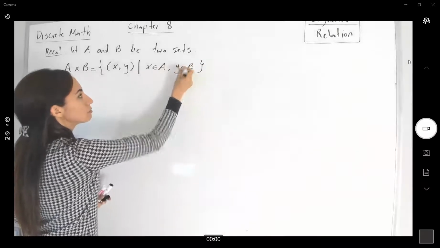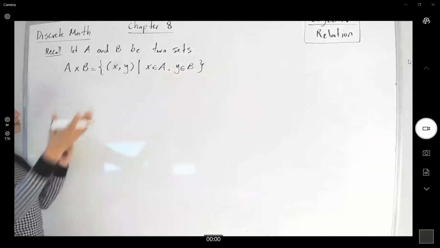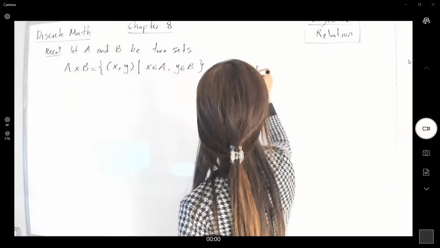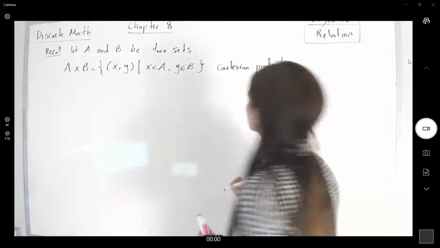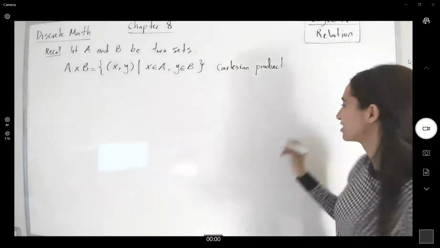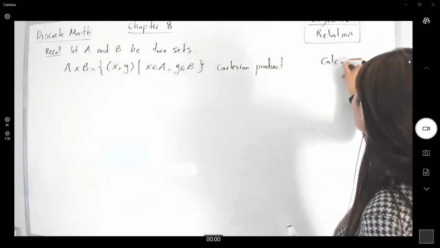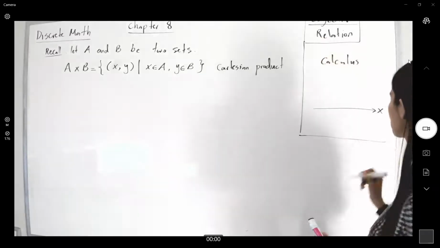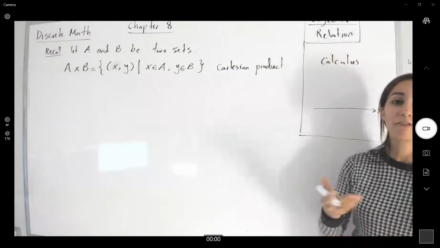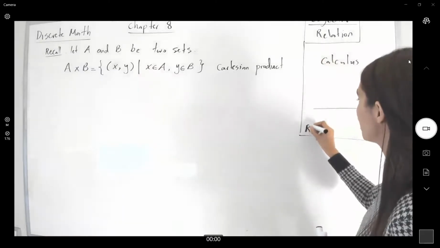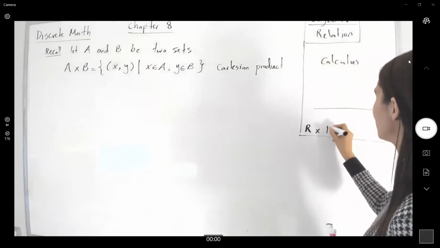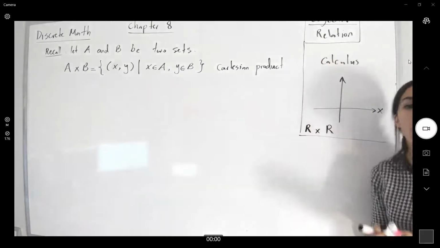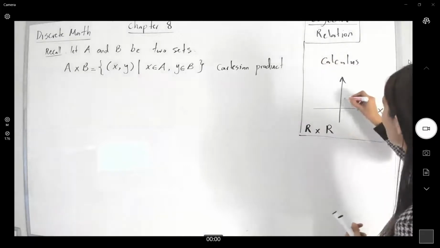Well, this is just the Cartesian product. For example, in calculus, you learn that if you have the real axis, the x-axis, then we can find the Cartesian product between R and R. What do we define? We define the plane, the collection of all points in the plane.